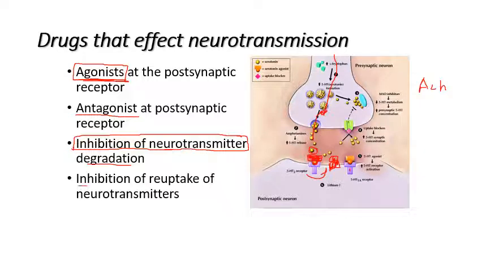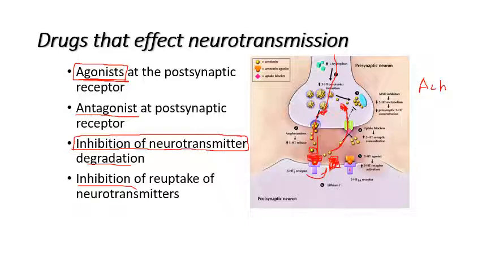Another option is inhibition of reuptake. Serotonin is released, and remember, we don't want the signal to stay here. We don't want a continuous signal. Acetylcholine we broke down with the enzyme, but for serotonin, norepinephrine, and dopamine, they have reuptake channels that bring the neurotransmitter back.